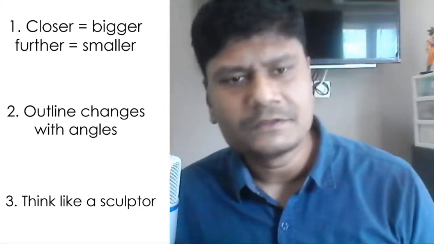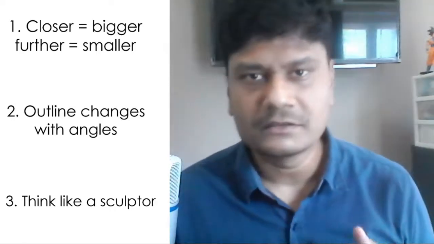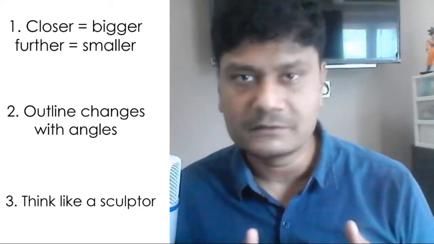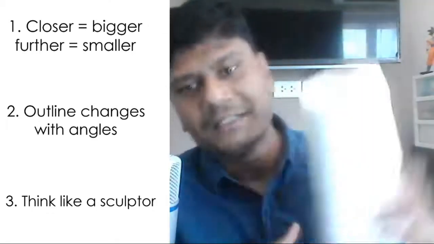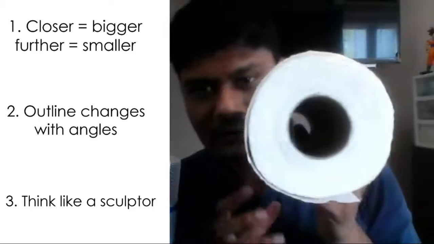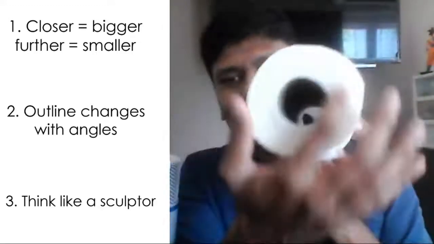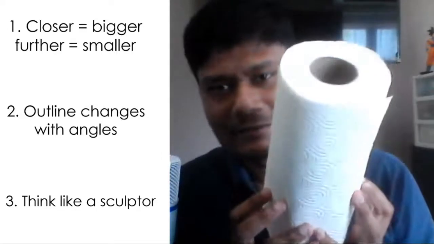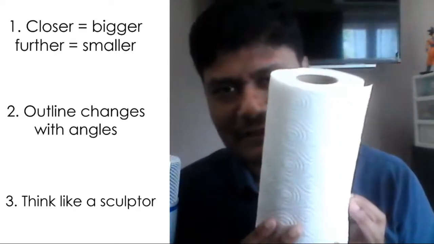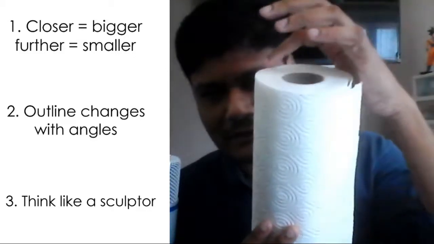The other thing you need to keep in mind is that the outline of objects changes with angles. For example, if I take this paper towel and look at it from this angle, it's more circular, right? Then if I change the angle like this, the outline is not a circle anymore, it's an oval.